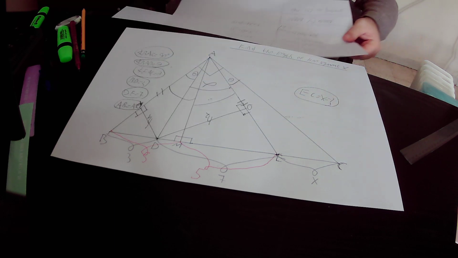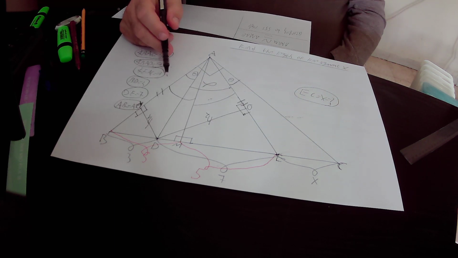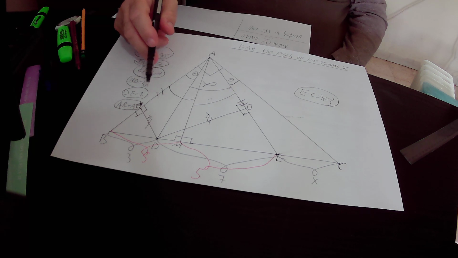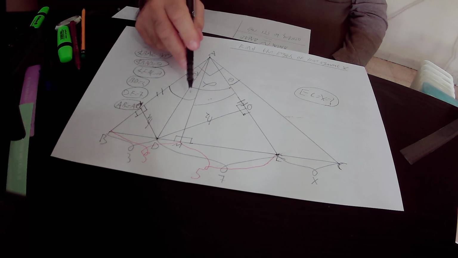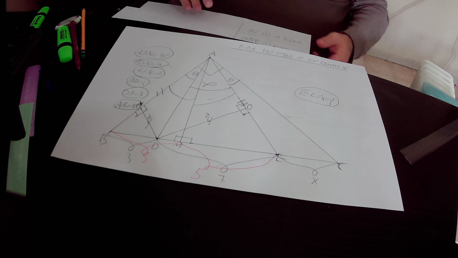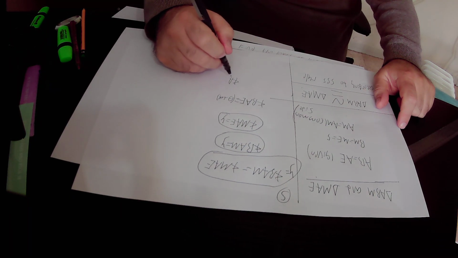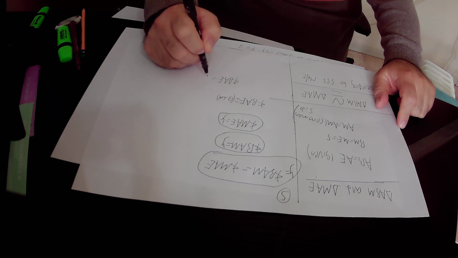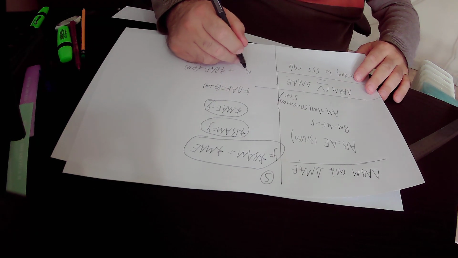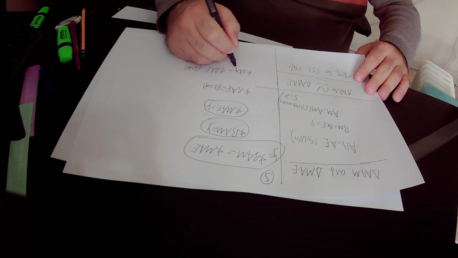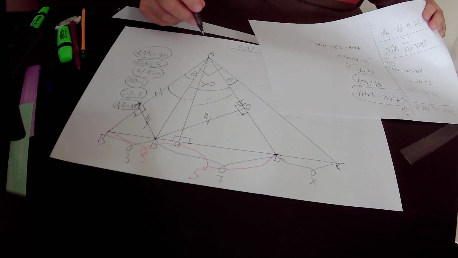And from the other side, the value of angle BAE equals angle BAM plus MAE. So angle BAE from one side equals theta plus alpha. But from the other side it equals angle BAM plus angle MAE.